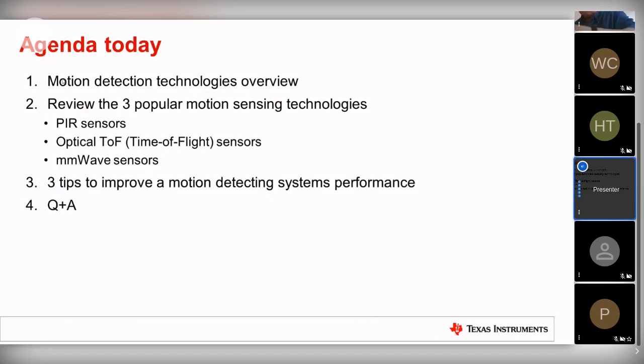Then we are going to review the three most popular sensing technologies. Today, the most popular motion sensing technology is the PIR sensor. Then we will have optical time of flight, and then the new coming mmWave sensor. After that, we will show you a couple of tips on how to do sensor fusion, how to combine these sensors and improve the performance of your system. The last part of the presentation will be left for questions and answers.